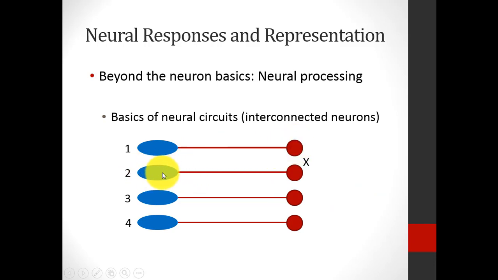Here we'll focus in on sensory receptor 2 and its connection to the receiving neuron X. And let's say that we can measure the signal that leaves that receiving neuron, which we can, of course. We would have a microelectrode. But this is probably the most simplistic structural situation that you might have in a nervous system.